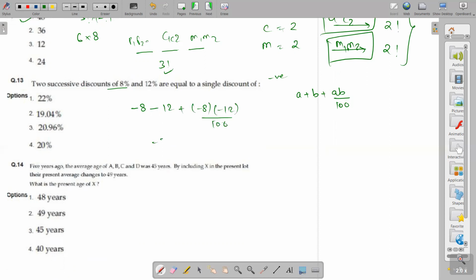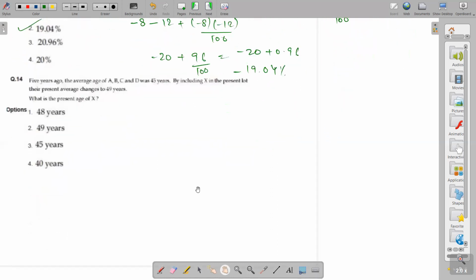Minus 8 and minus 12 is minus 20. Minus 20 plus 96 by 100, which is minus 20 plus 0.96. The answer will be minus 19.04. So 19.04% discount is the answer.